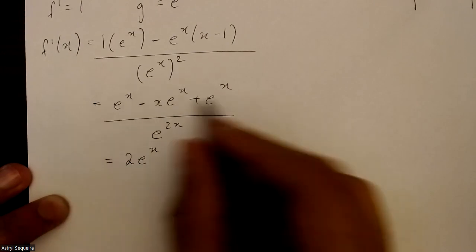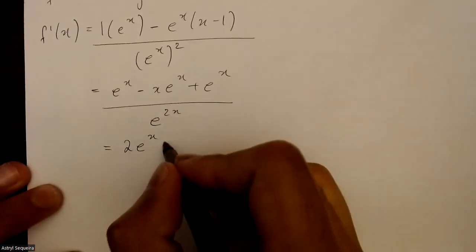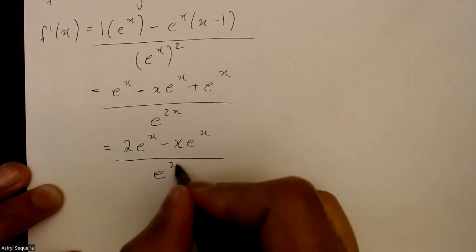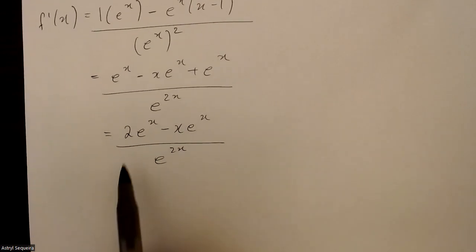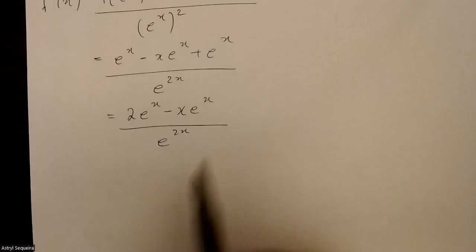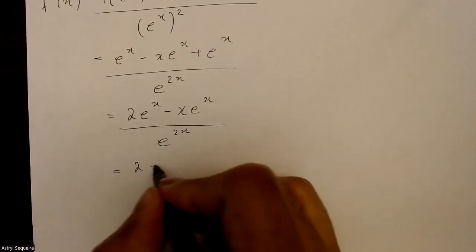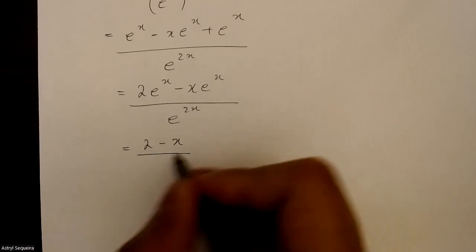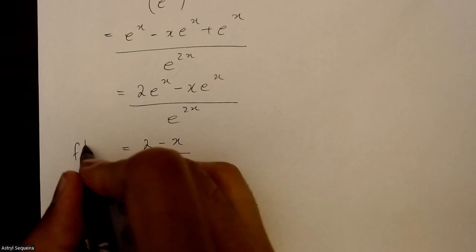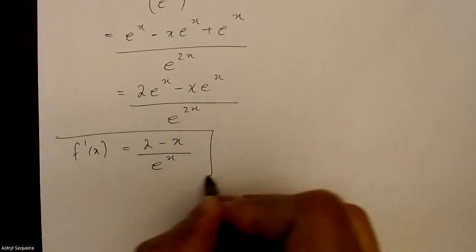I'll combine these two like terms. And now I can take away an e to the x from all three of them because they all have 1. So I'm just left with 2 minus x over e to the x. This is my derived function.